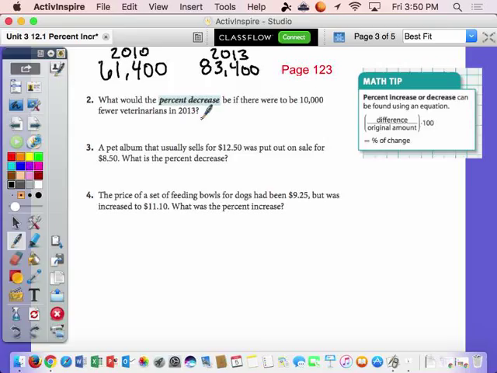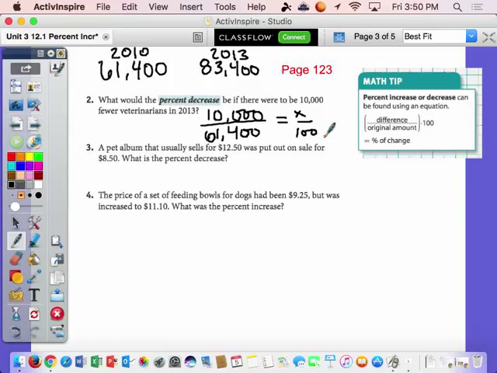So our difference is our 10,000 over our original amount, which was 61,400, equals or times 100, or equals x over 100.